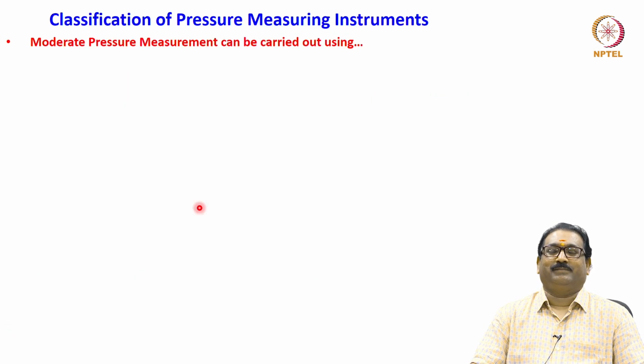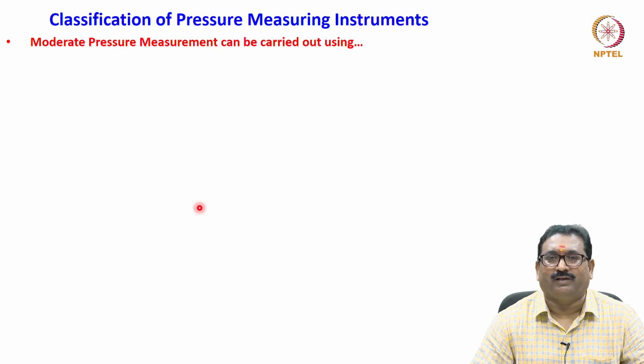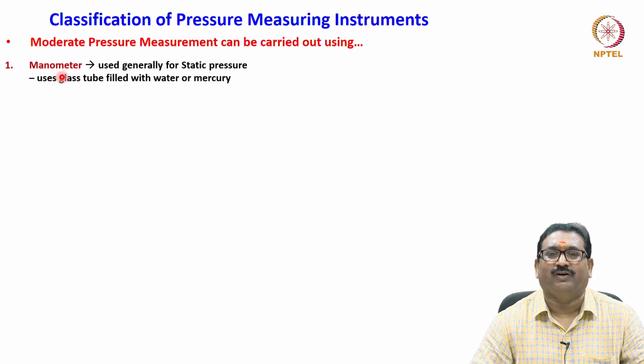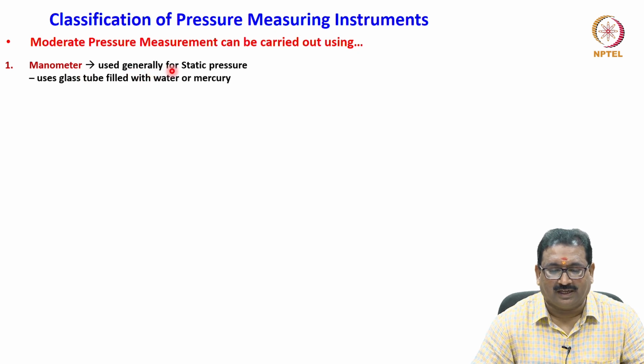and bar. Now, I will give you quickly some of the measuring devices for the different types of pressures. They are classified in different categories. Moderate pressure measurement can be carried out using manometers, used generally for static pressure, which use a glass tube filled with water or mercury.